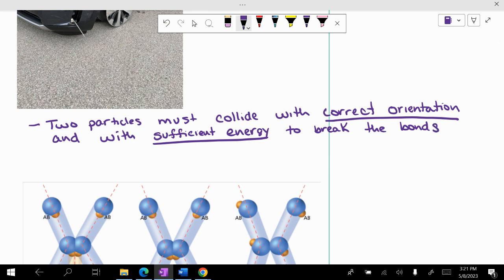And so we're going to look at 3 different collisions and talk about why they are favorable or not favorable.